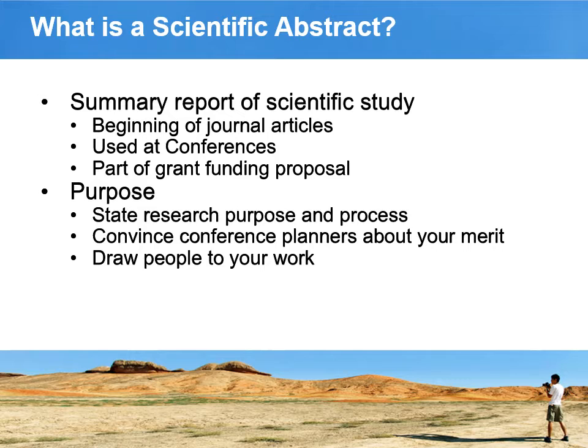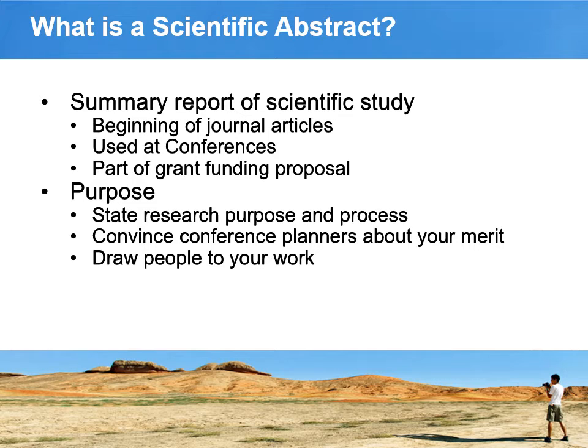So an abstract is essentially just a summary of the study that you've conducted or that you're about to conduct. So this can be before you actually go through the whole experiment, or it can be after, depending on what you're using the abstract for. It's usually located at the beginning of journal articles, to give a summary of what your findings are.